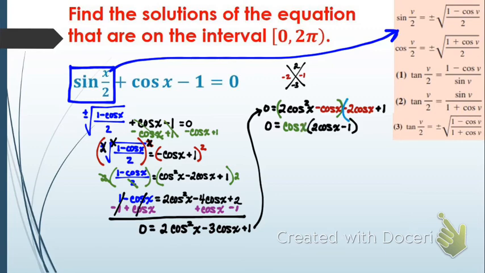What can I take out of the second group? Negative 1. And that's going to leave me with cosine x minus 1.